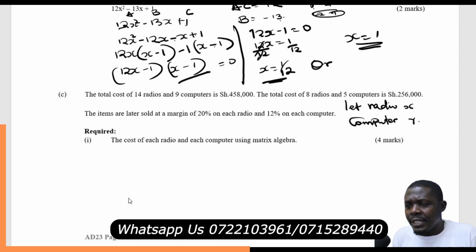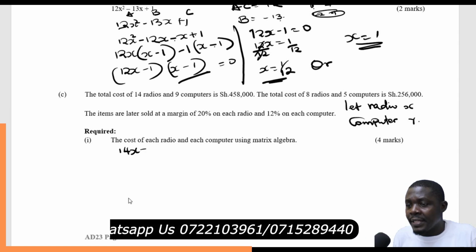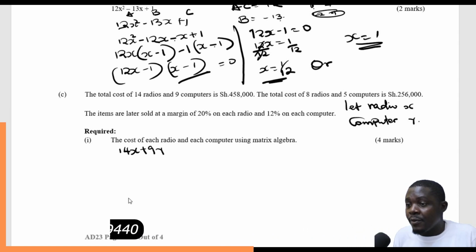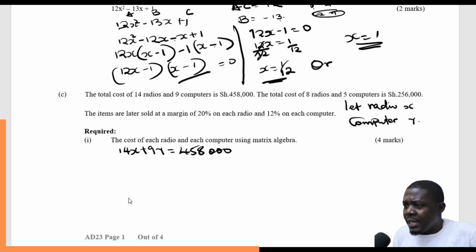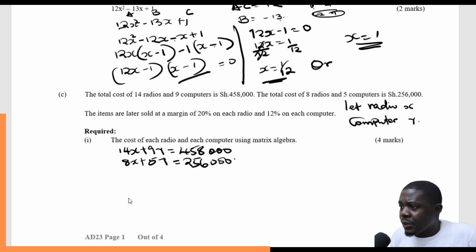Now we have 14x plus 9y should give us 458,000, and then 8 radios will be 8x plus 5y is equal to 256,000. Now this is a form of simultaneous equation, but we are told to compute using matrix algebra.